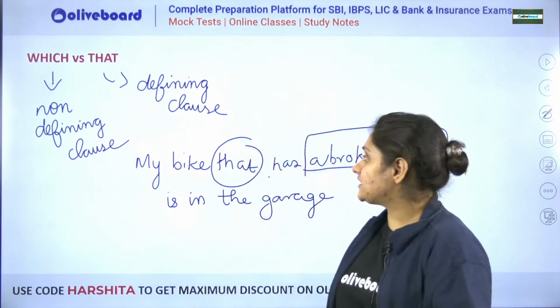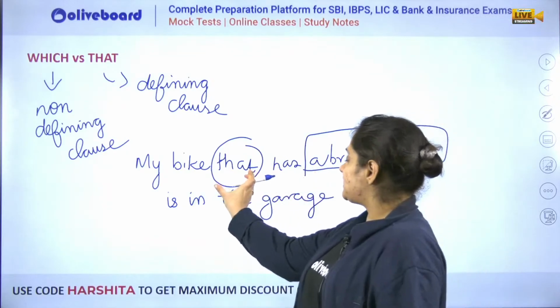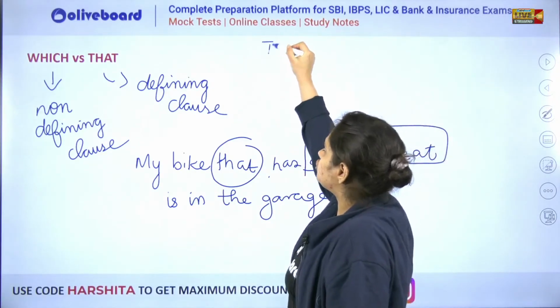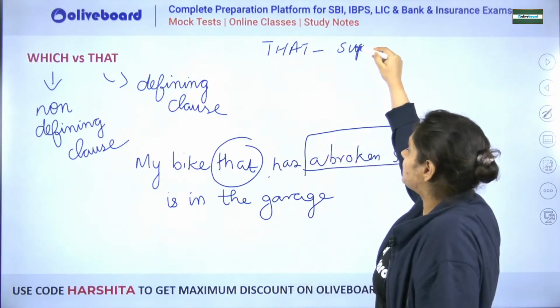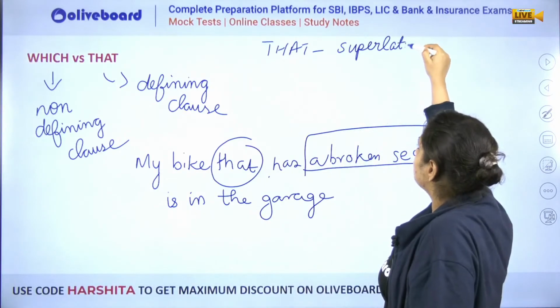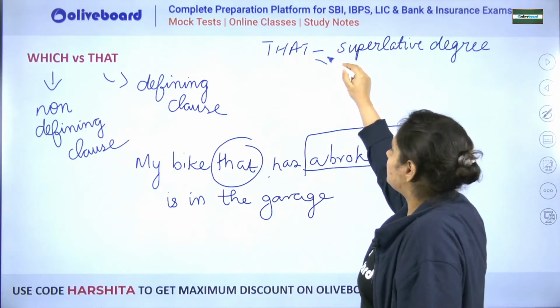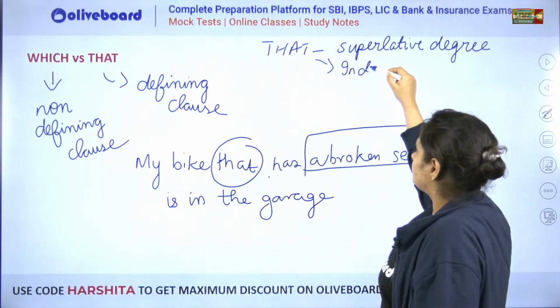So the basic difference is, if I remove that, which is very defining, it defines which bike I am talking about. Okay, now there are other uses of that which you should understand. Wherever you see in a sentence that a superlative degree is used, you have to use that. You have to use that with words like indefinite pronouns, little, some.